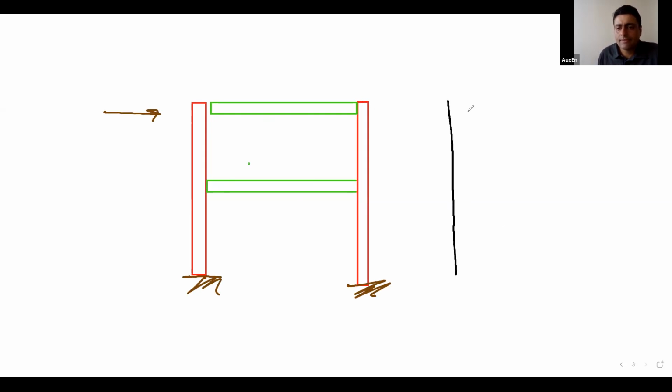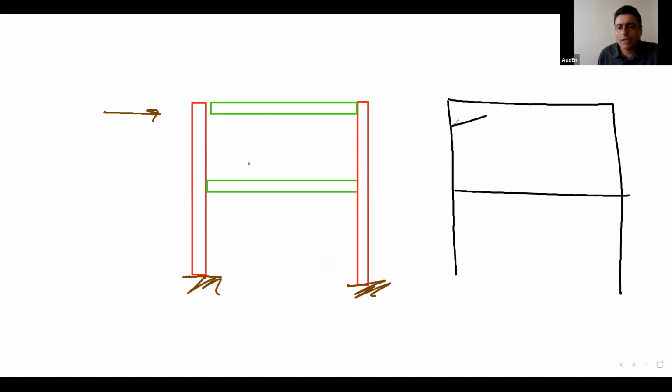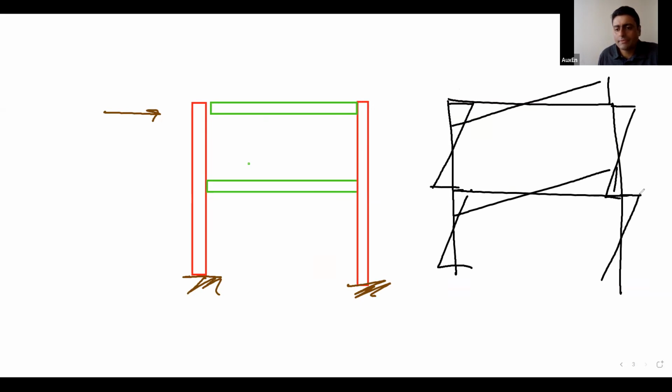Do we agree? So if I could draw a rough diagram for a lateral load, it will be something like this. Okay. So how is the lateral load being resisted? It is being resisted by the development of moments at these connections.